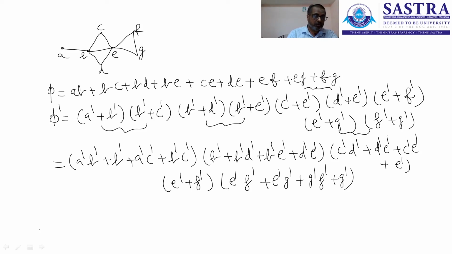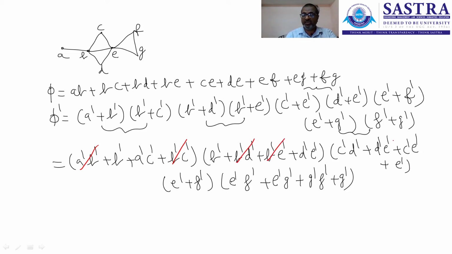So now let me take a different color. The B dash plus A dash B dash, I'll have B dash plus B dash C dash will give you B dash. So these two will go. Similarly here B dash plus B dash D dash, I'll have B dash plus B dash E dash is again B dash.